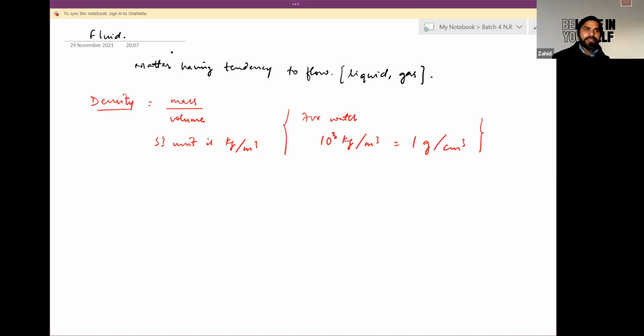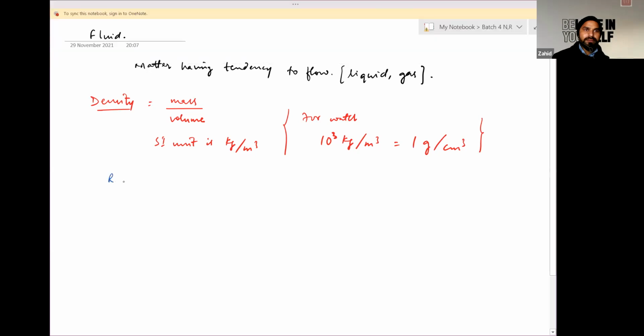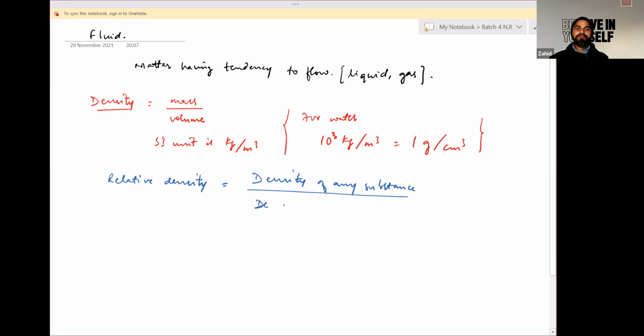Next is, you must have learned in class 9th about relative density. That is, relation of density of any substance to water is called relative density. So it will be density of any substance to the density of water, and it will be maximum at 4 degrees Celsius.